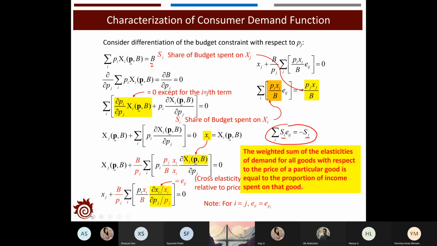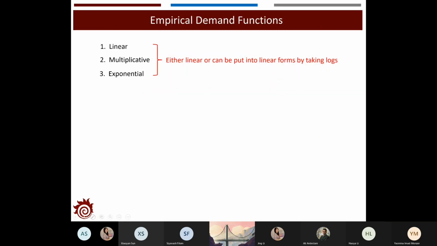This is another relationship, and now let's see some typical empirical demand functions.